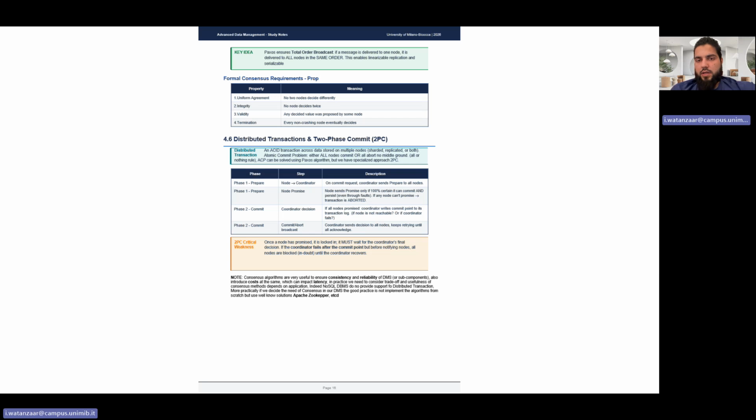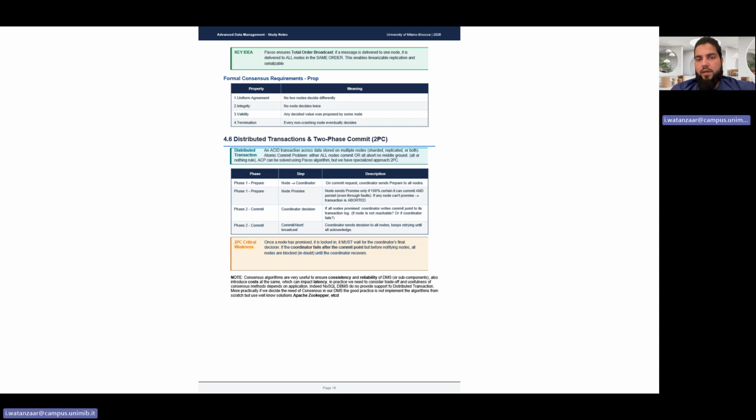The same is happening here. It's called the atomic commit problem because we are now on multiple nodes, so all of them should agree on one thing, either commit or rollback. It's the all-or-nothing rule, applied again here.